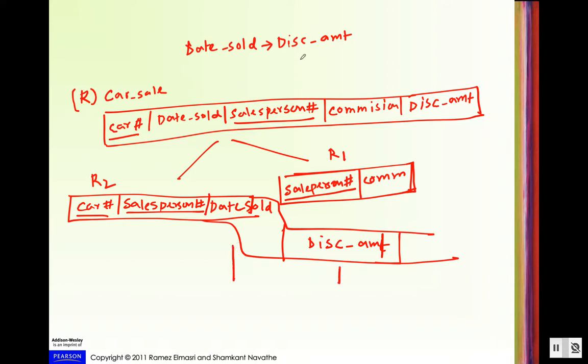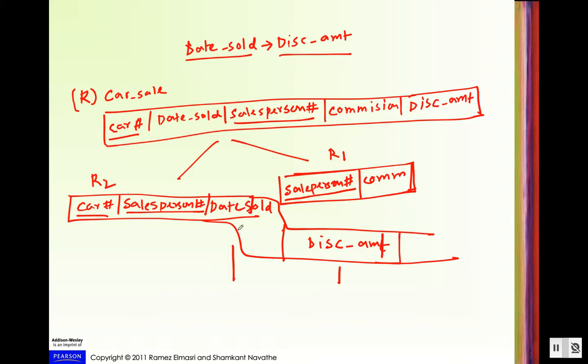As we said in our general definition of third normal form, any non-key attribute cannot be determined by another non-key attribute. This is going to create a transitive dependency.